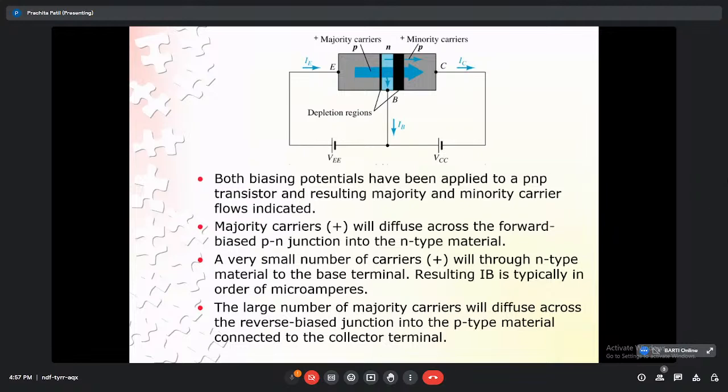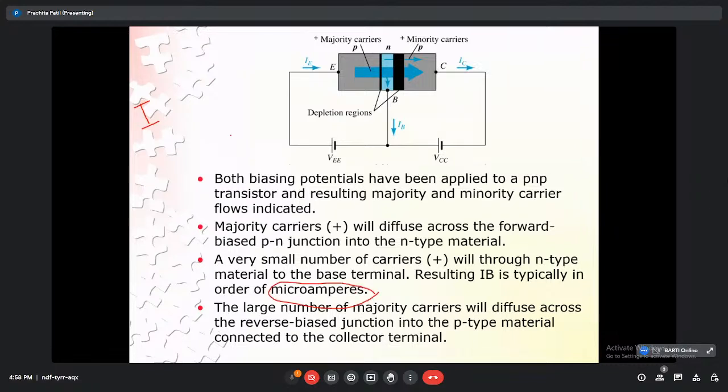If we look at the current passing through the transistor, there is a beautiful equation of the current. Why is the base current in microamperes? The word microampere is written here and it's most important.